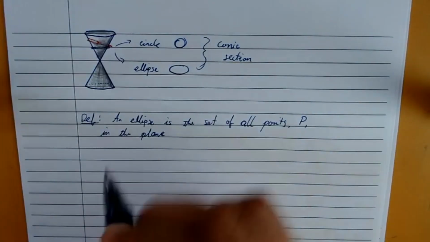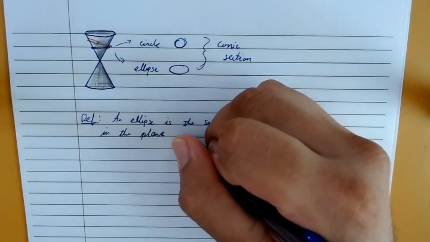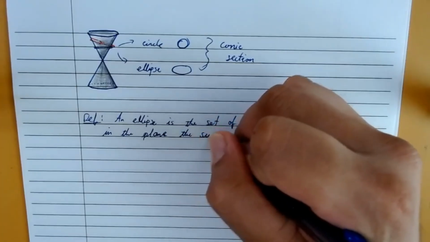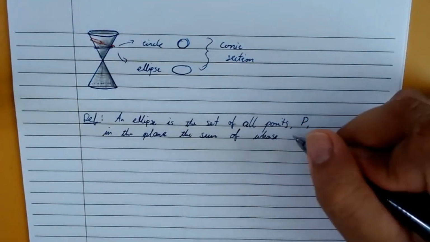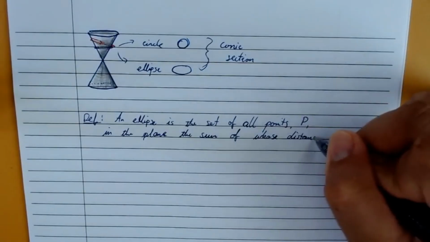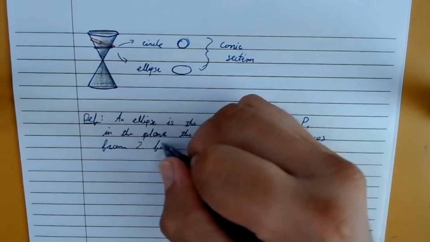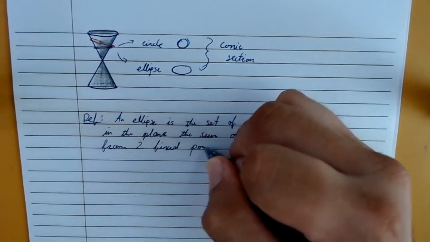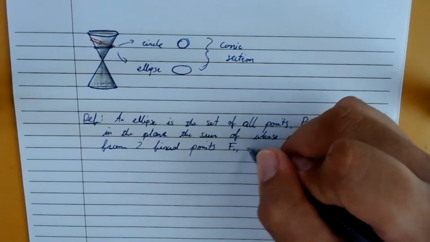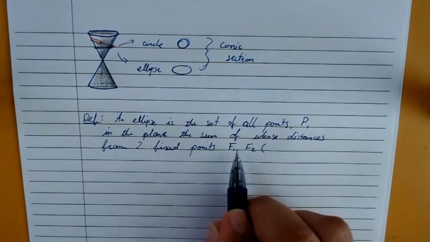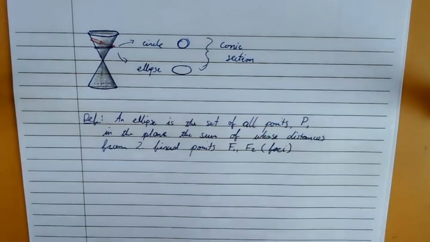In the plane, the sum of whose distances from two fixed points, F1 and F2, these are called the foci of the ellipse.